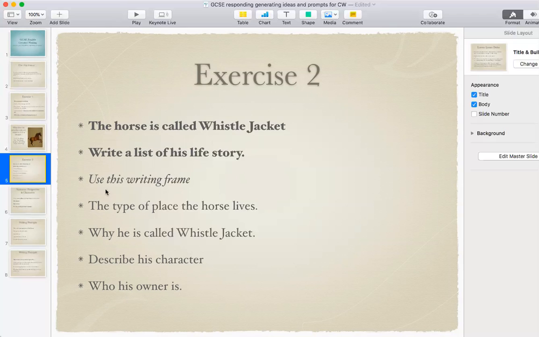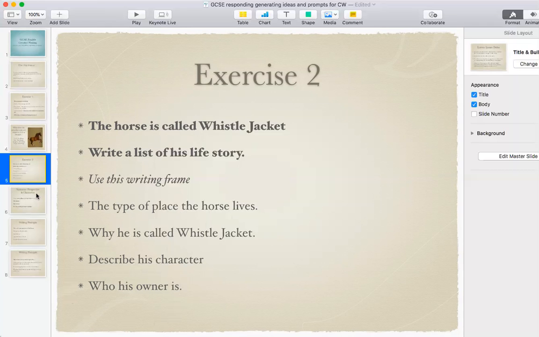You can use this writing frame. Think about the type of place the horse lives in, why he is called Whistlejacket, describe his character, and who his owner is. Get down brief things for each one: the type of place the horse lives in, why he's called Whistlejacket, what you think his character is, and who the owner is.